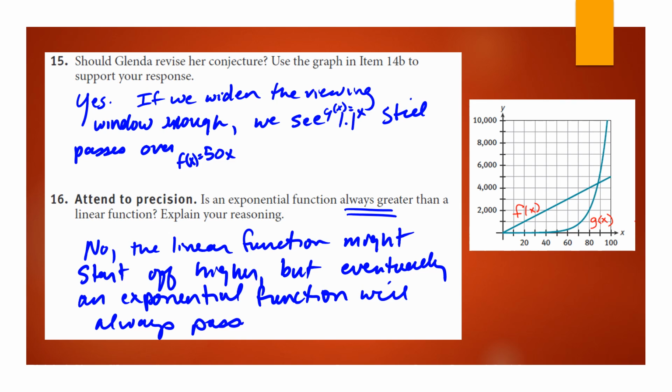So it's not always higher. So this function here, f of x, is higher all the way up until output's above 4,000, right? When x is something like 80 something, right? So it's not always that the exponential is higher. It's just that it will always end up higher.